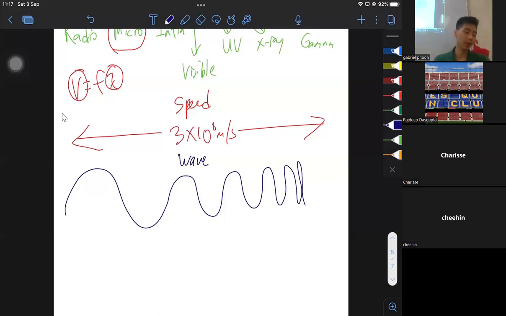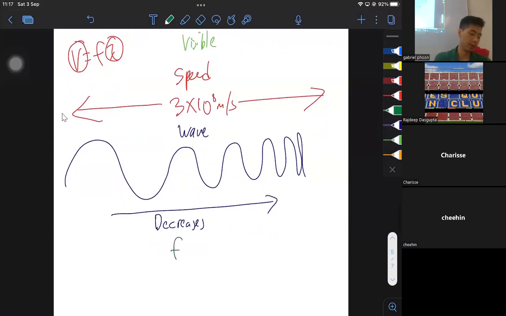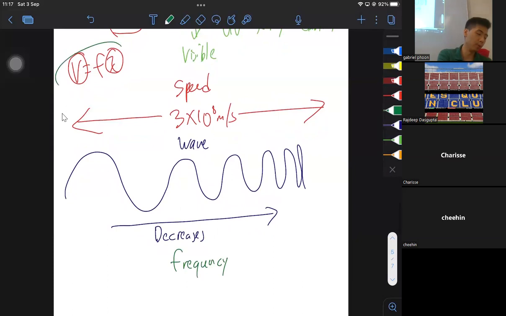And since we understand that the wavelength decreases as it goes down the spectrum, finally it's going to be about your frequency, right? Your frequency here, guys. If we follow back the formula which we have learned for waves, v equals f lambda, if I have a decrease in wavelength, what's going to happen to the frequency?